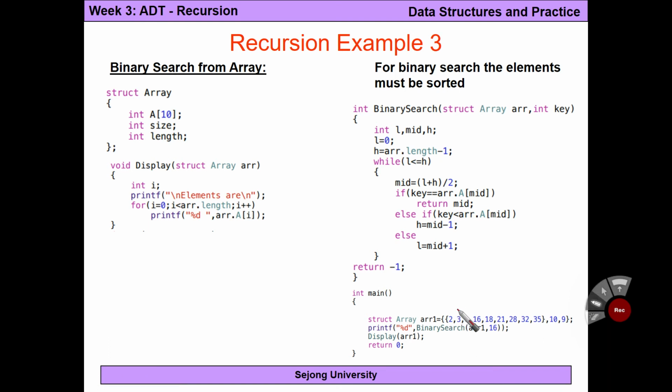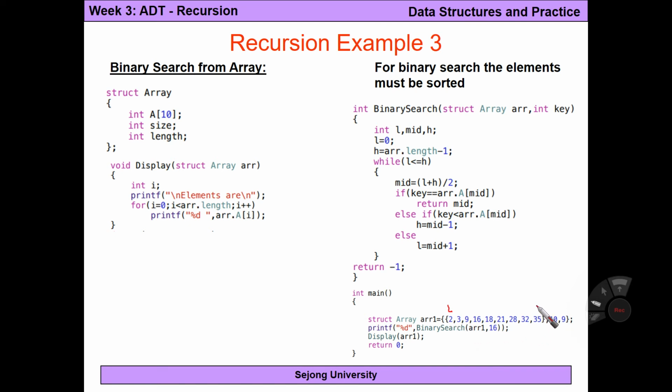For this, if I see the binary search function, we need three variables: L, mid, and H. L will be with the index 0 and H with the index length minus 1. Basically, length is the number of elements in the array, the size of the array.